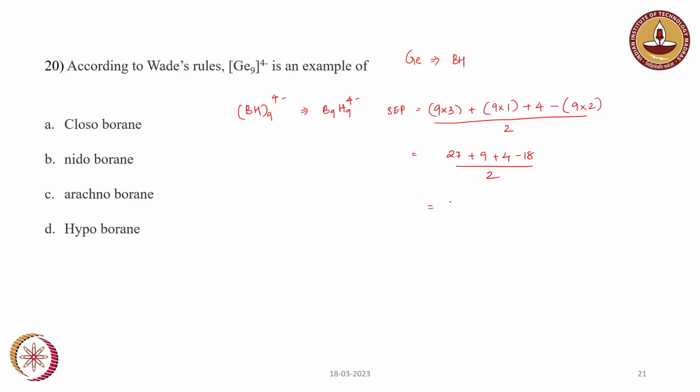That's equal to 11, which is n plus 1. And n equal to 10 means it's a closoborane. n minus 1, which is 9, will be equivalent to nidoborane. So we have B9, which is n minus 1, it's a nidoborane.